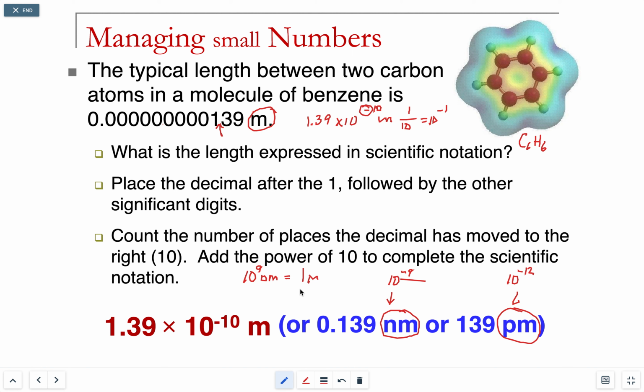And then if we divide by 10 to the 9th on both sides, we have 1 nanometer is equal to 1 divided by 10 to the 9th meters, which is equal to 10 to the minus 9th meters.